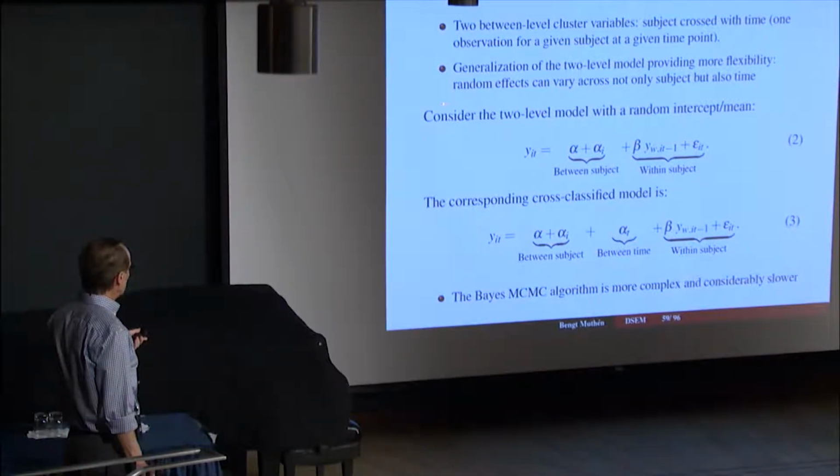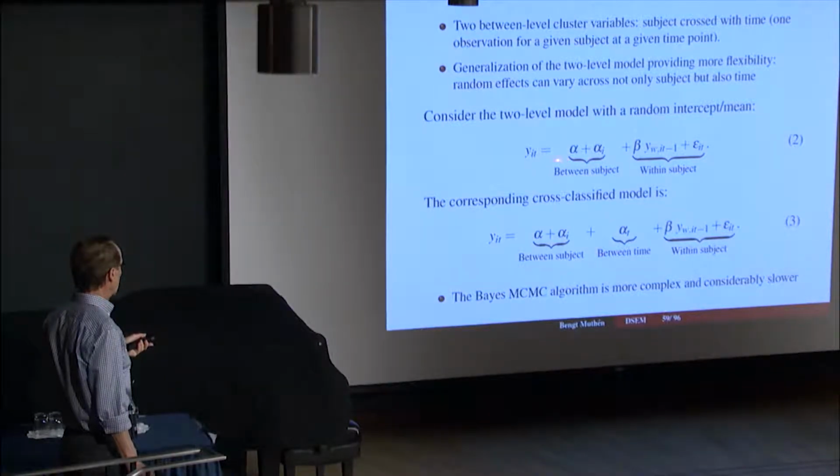So what we do is we generalize the two-level model to a cross-classified model. For a simple case of random intercept, we can write the two-level model as y for individual i and time point t equal to a level parameter and a random variation over subjects around that level parameter.